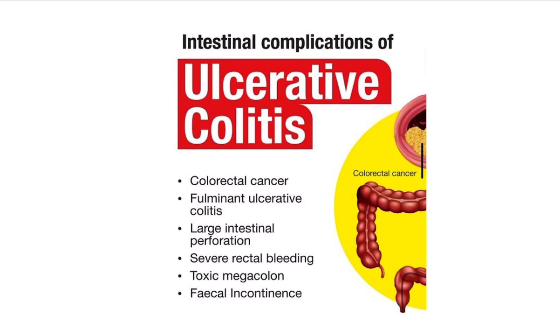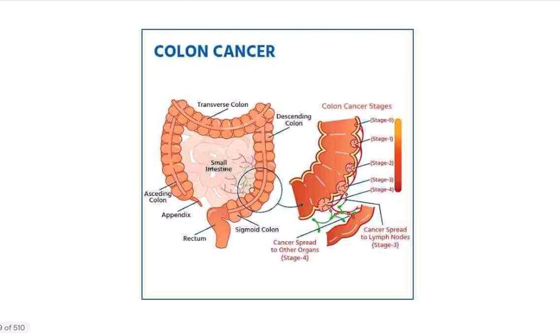The most important complication is development of colorectal cancer, because in this condition surgical excision is mandatory. Then fulminant ulcerative colitis, large intestinal perforation, severe rectal bleeding, toxic megacolon, and fecal incontinence.